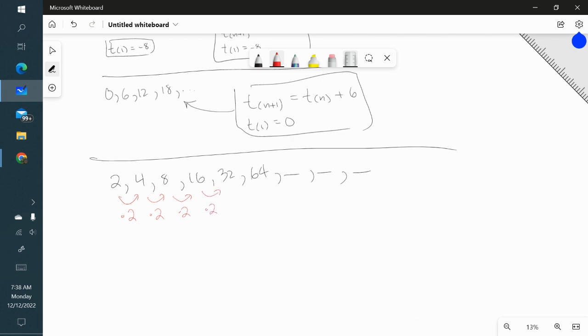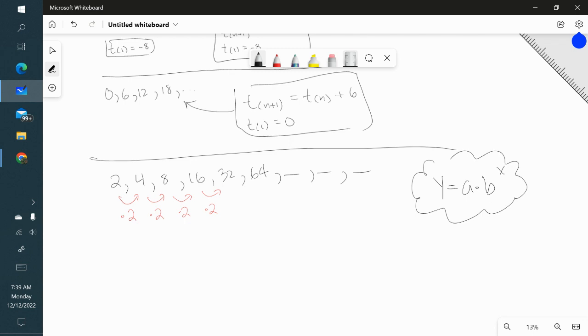Later in the chapter, you're going to learn a lot about how to write an explicit rule for this. The form, just to steal some of the aha, is a times b to the x power. That's the y equals mx plus b for this type of sequence. This type of sequence, where it's multiplying by the same amount over and over again, is a geometric sequence.